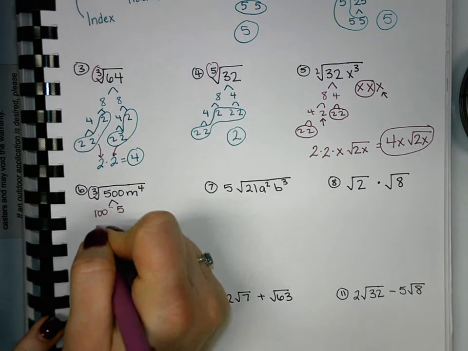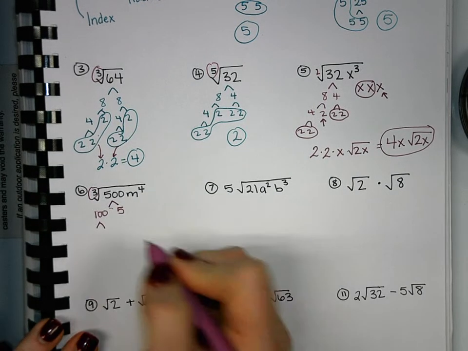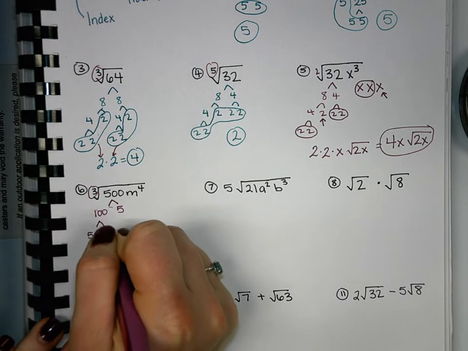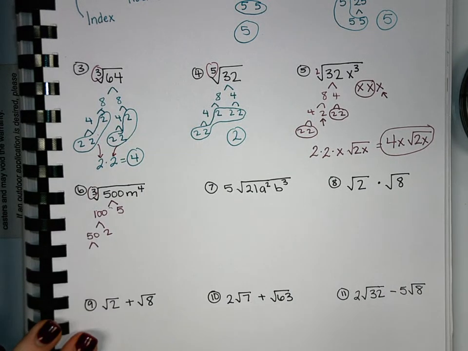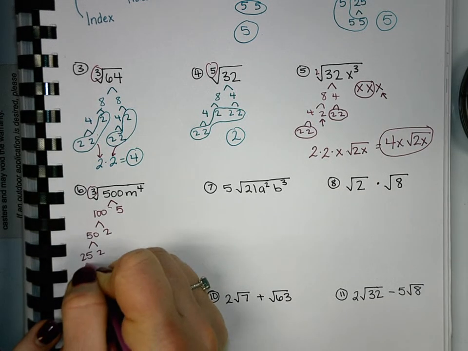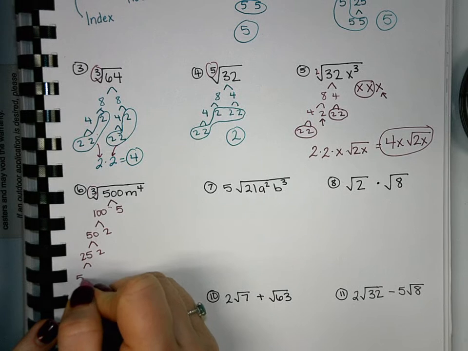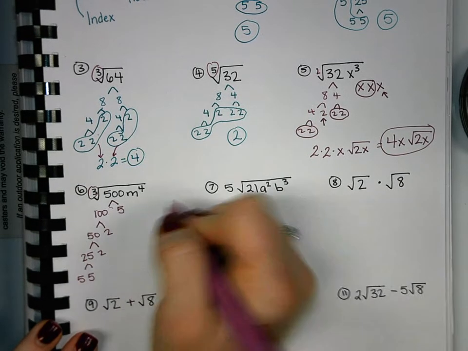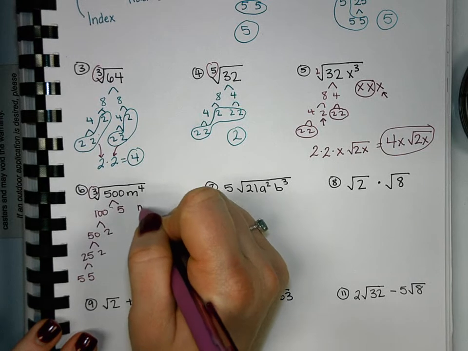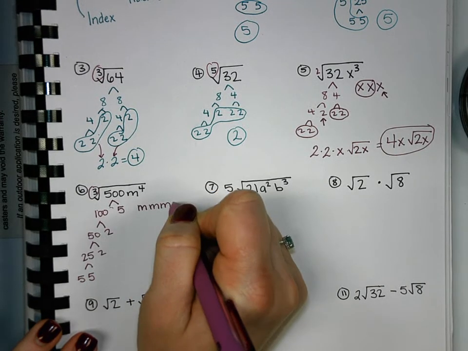And then 2 things that multiply to 100? 50 and 2. 2 things that multiply to 50? 25 and 2. And then 25, 5 and 5. And then for our variable, how many m's do we have? 2, 3, and 4. Okay.